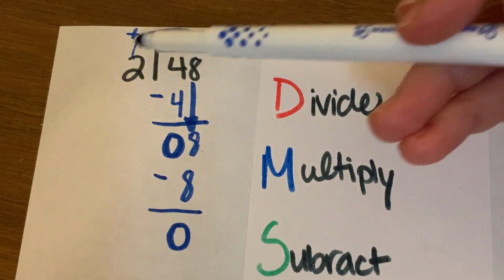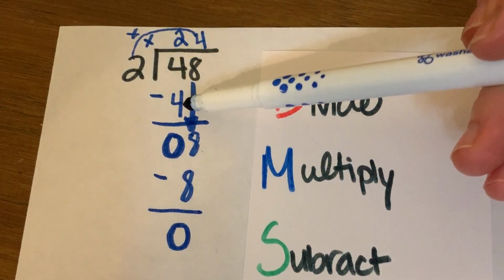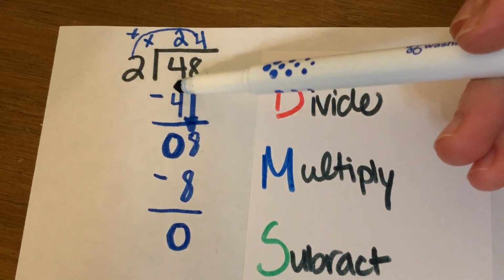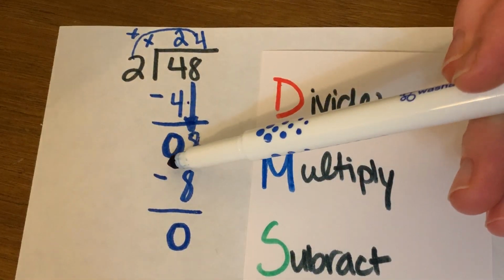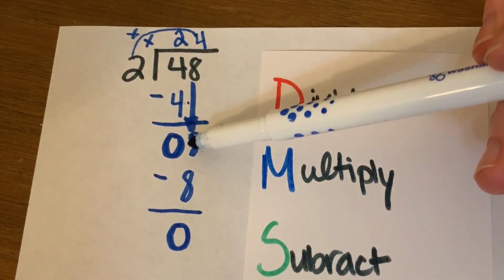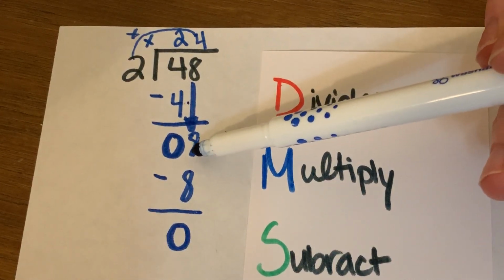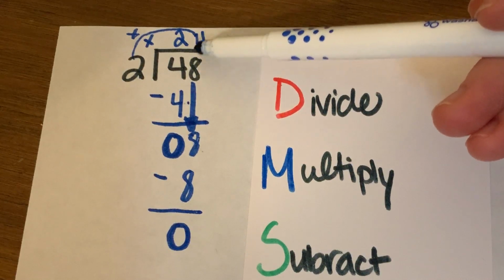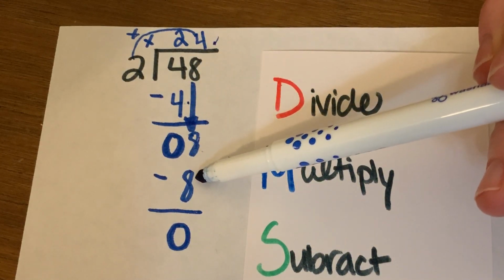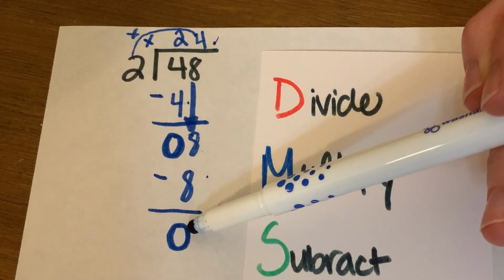I write down what I multiply by right here. Okay, so the 4 goes here, then I subtract. Then I have 0. Then I'm going to bring down that 8. 2 times this number, 4, gives me 8. So then I'm going to subtract 8 and I get 0.